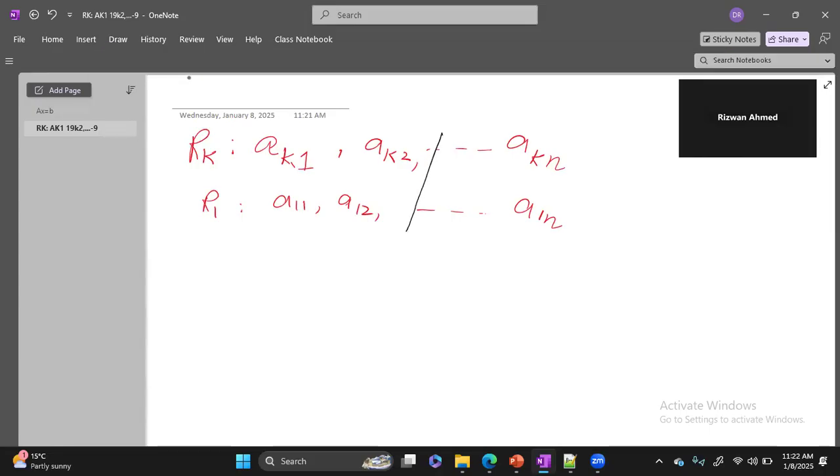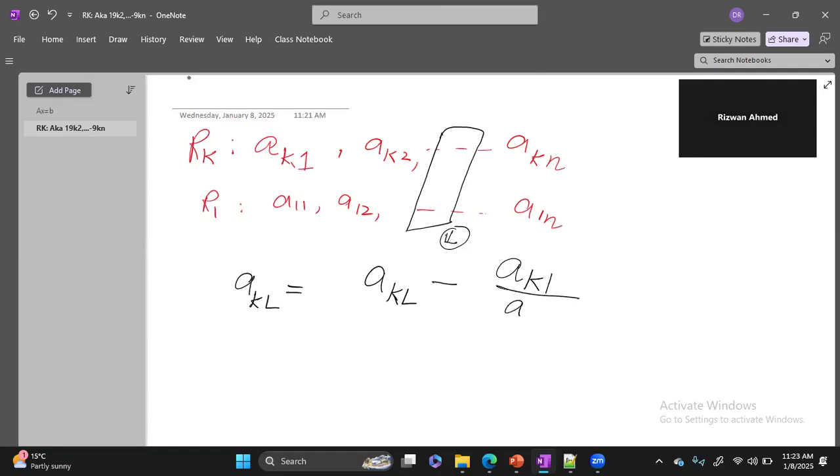So in general, if the operation is applied, that can be written on a general entry. If I identify some Lth entry, right? So the operation will be, in the kth row, the Lth entry will be updated from its old value akl, kth row, Lth column, minus the row operation as it was defined, ak1 divided by a11, because we are going to bring the entry below a11 to 0, multiplied with the corresponding entry in the first row, which is a1l.